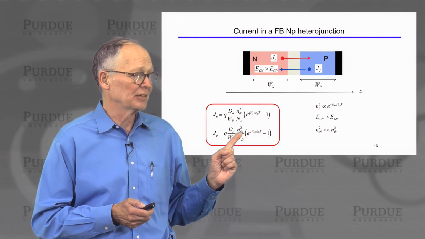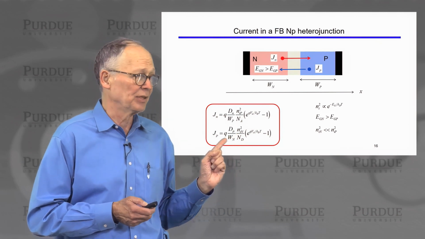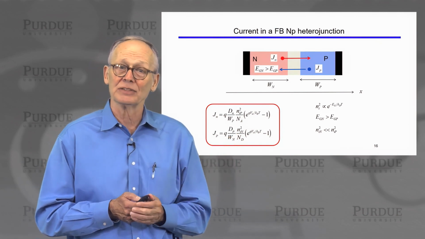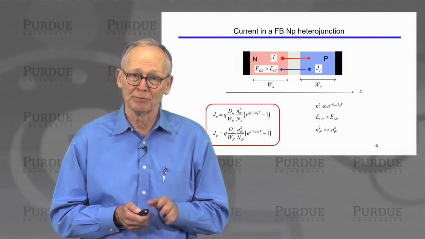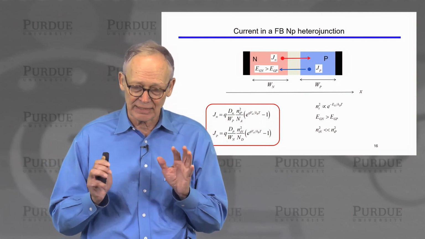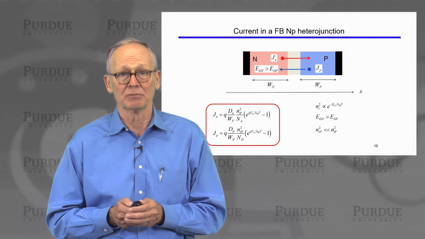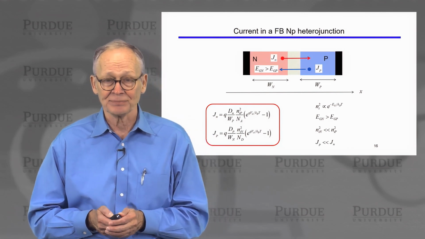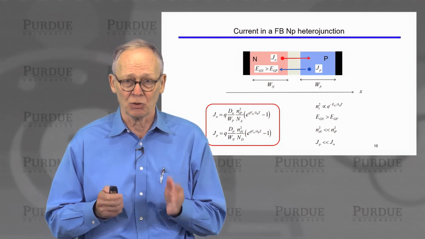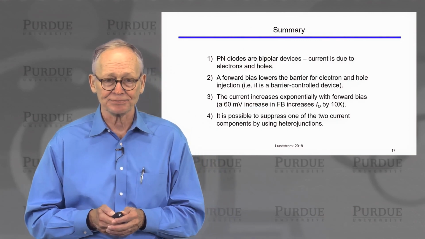The intrinsic carrier concentration on the N side is what appears in our hole current, so it's going to be exponentially lowered by the wider band gap. That's the key thing to take away from what we get by using heterojunction diodes. Much suppressed hole current in this case.